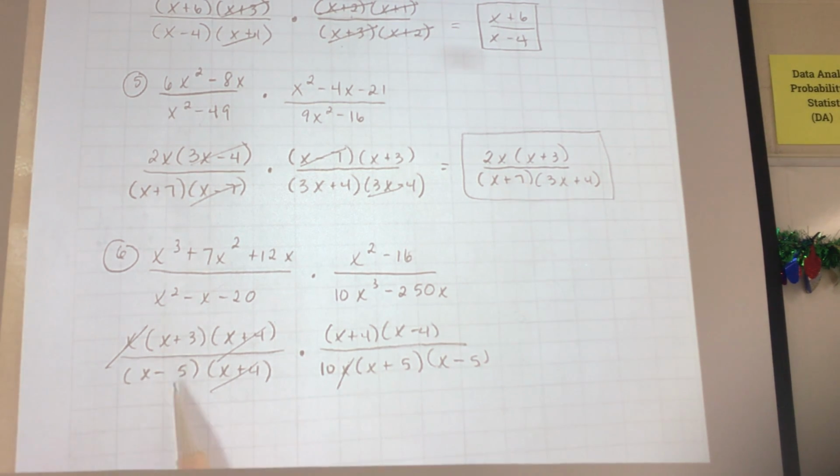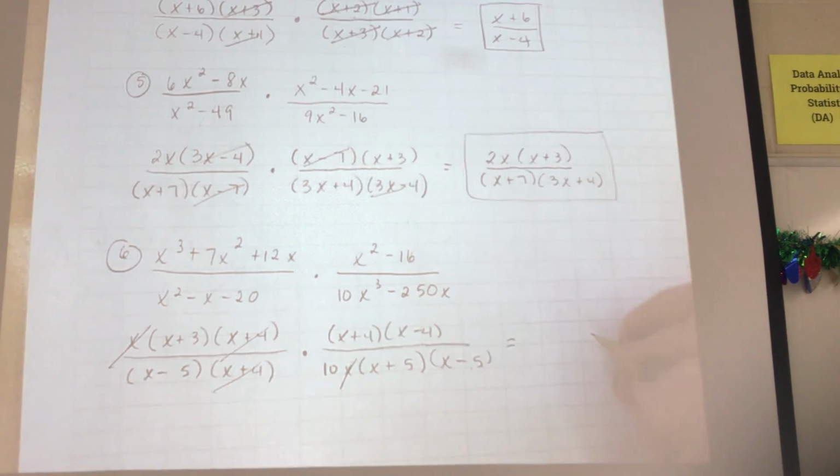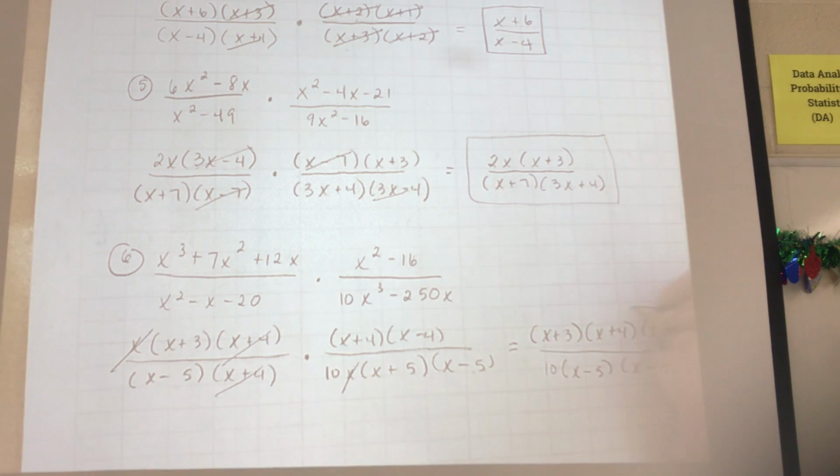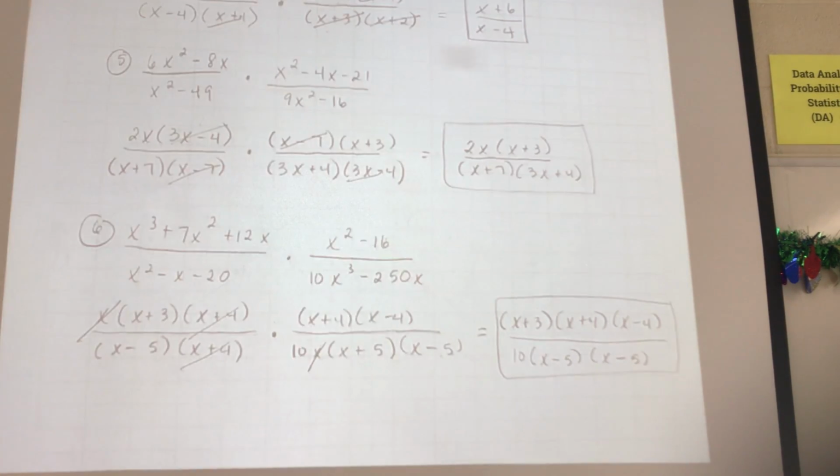Now, I can't cancel these x minus 5s because they're both in the denominator. I don't have any in the numerator to cancel. So in final form, here's what's remaining. Sometimes not a lot cancels. That's okay.